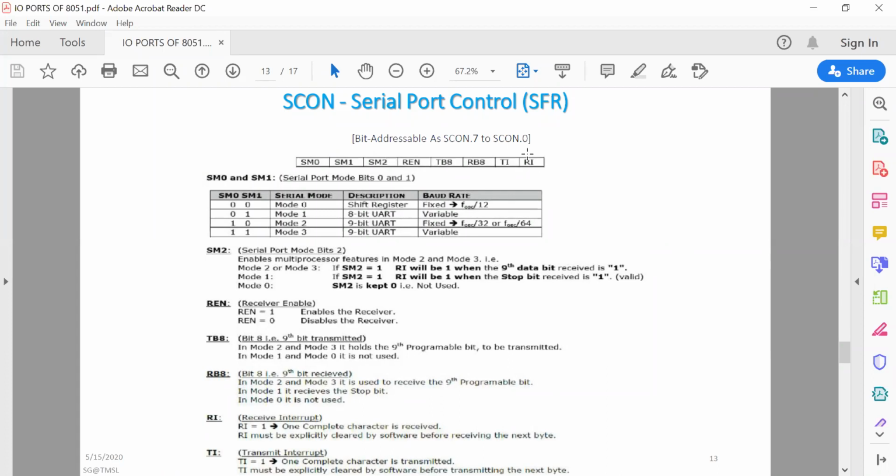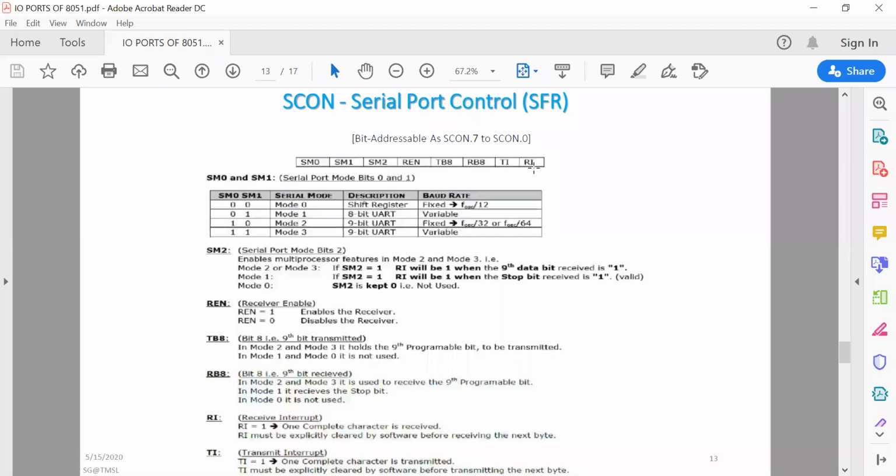If these two conditions are met, this bit is 1 and this bit is 0, at that time the receiver section will be enabled. The condition RI equals 0 is exceptional for mode 0, because all other modes are enabled to receive when REN equals 1, irrespective of RI. In mode 0 only, we can control when the reception can occur.